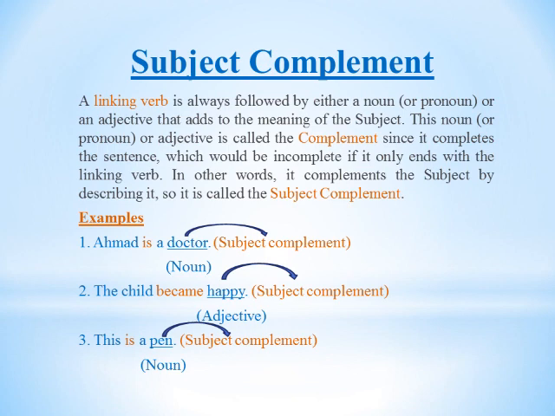In this sentence, became is the linking verb, whereas happy is the adjective that modifies the subject child. Happy, therefore, is the subject complement in this sentence. Example sentence number 3. This is a pen. In this sentence, we have is as the linking verb, whereas pen is the noun that modifies the subject this. So, pen is the subject complement in this sentence.